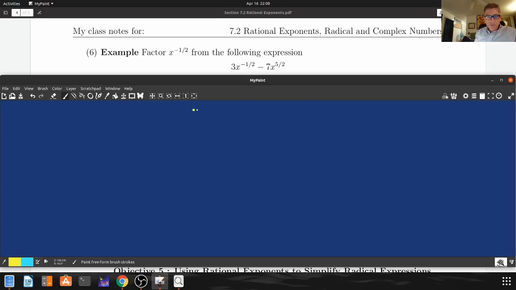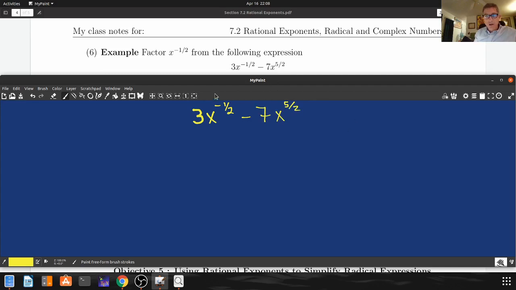This is just a sum. 3x to the minus 1/2. And I'm literally not going to do anything with that minus 1/2. I really wish they would not have given you a minus 1/2.